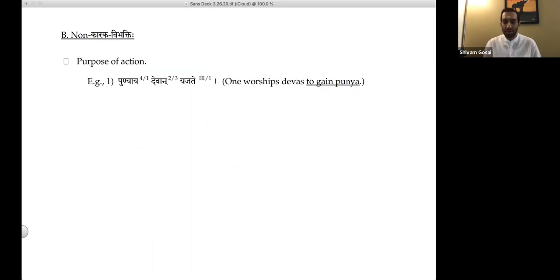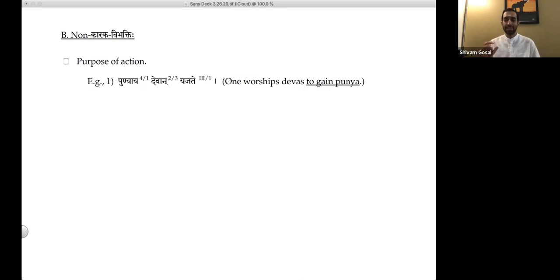Notice that there's no first case here, so we need to supply a first case. We can say saha or devadattaha, whatever. We'll say saha. Saha means he. He worships. Worships who? Devas. For what purpose? To gain punya.